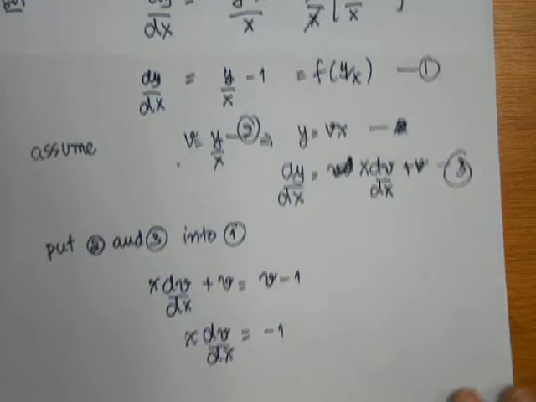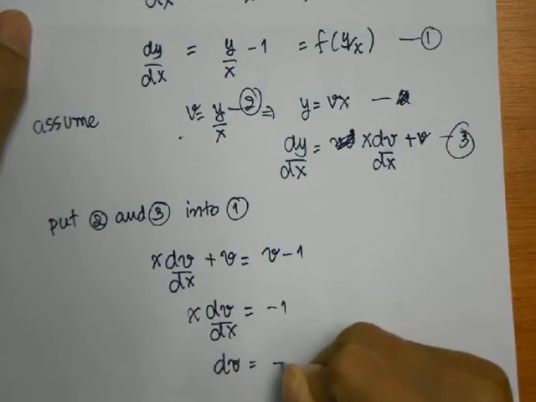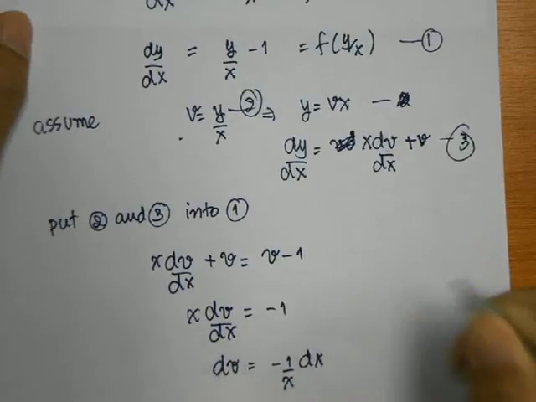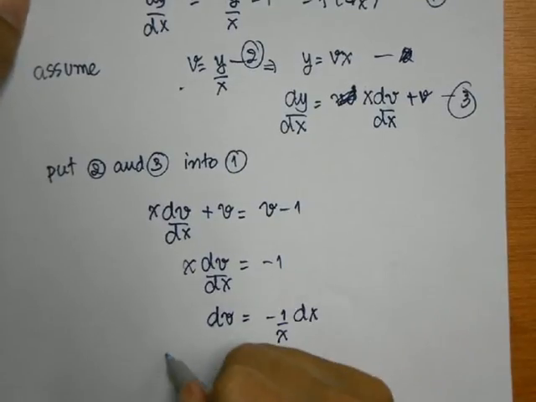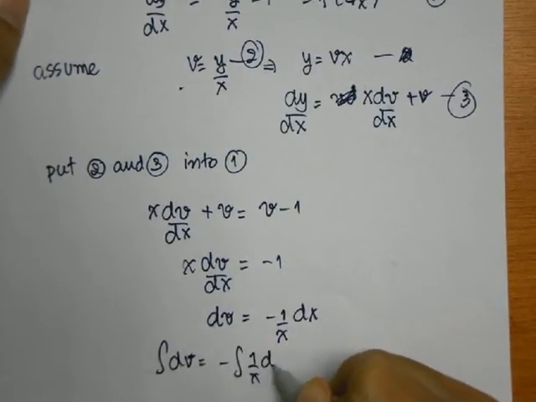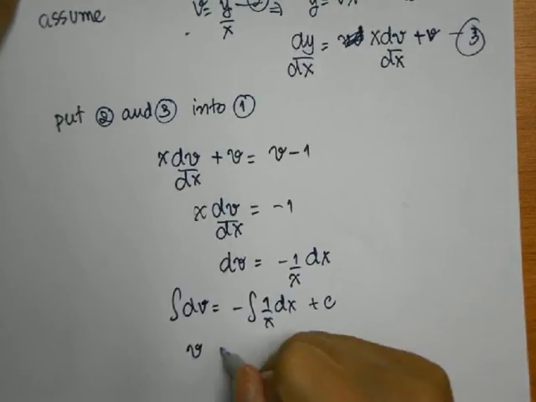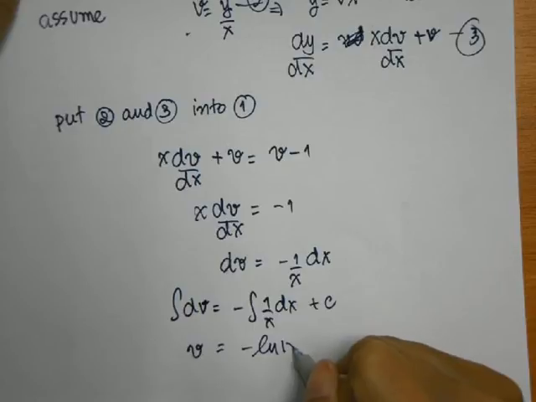Okay? Then I would get, and then we do integral for both sides. We would get v equal to negative ln x plus c.